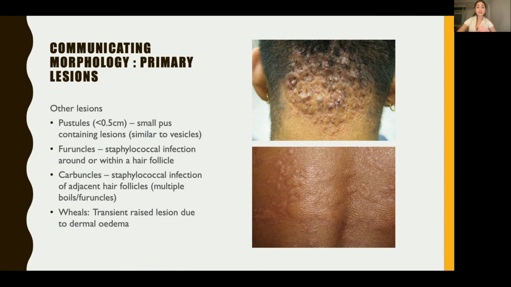So I included some examples there. We've got some wheals at the bottom, and then we've got some folliculitis at the top. So you've got lots of pustules building up. And this is actually really interesting. This is a specific kind of folliculitis which you get at the nape of your neck and hair. You can see all that inflammation and all the pustules there.